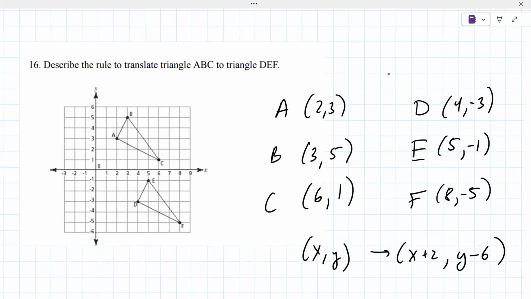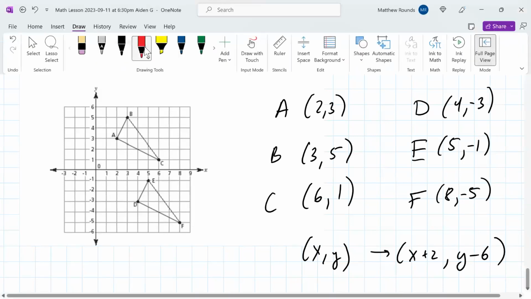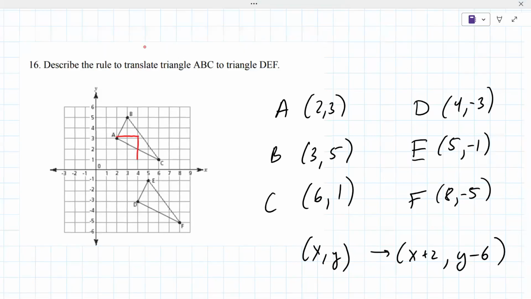All right. And did you check that for all of them? Does it work for every single one? Yes, it does. And the nice thing here is you can almost see it on the graph: I go right 2, down 6, right 2, down 6, right 2, and down 6 like that. So you can also sort of do it in words.